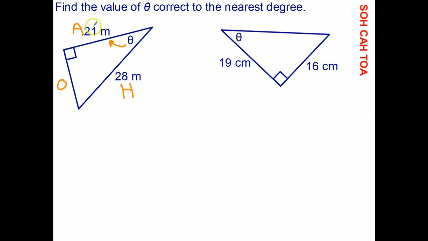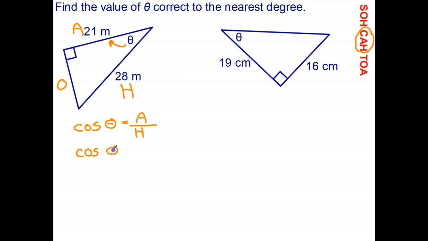So the two sides that I know are the adjacent and the hypotenuse, and that tells me that I need to use the cosine. So start, as we always do, by saying cosine of the angle equals adjacent over hypotenuse.